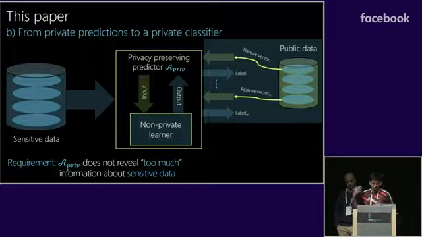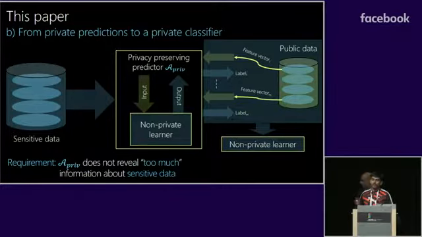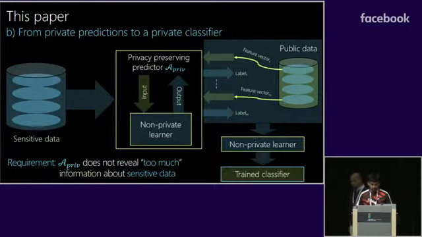What you do is you get the labels for these feature vectors via the framework, and then you feed them to any non-private learner of your choice. In particular, you can use the original non-private learner, and that would give you the trained classifier. Now, since this trained classifier only accesses the sensitive data through the algorithm APRIV, it does not leak any more privacy beyond what is leaked by APRIV.